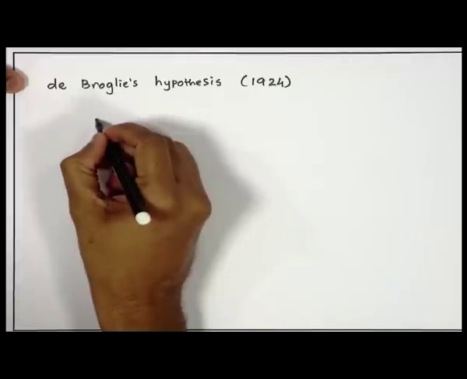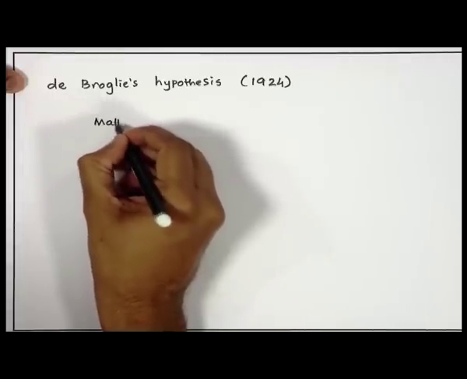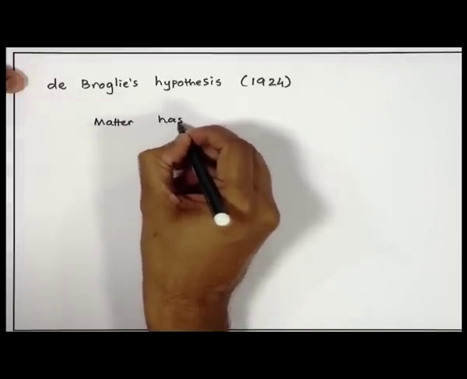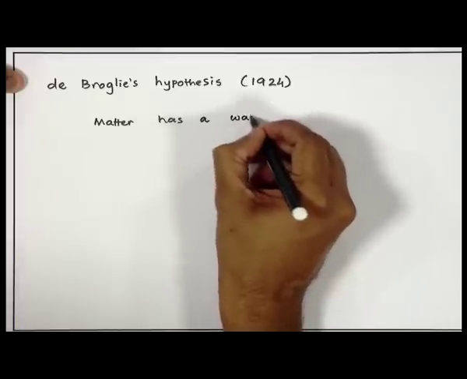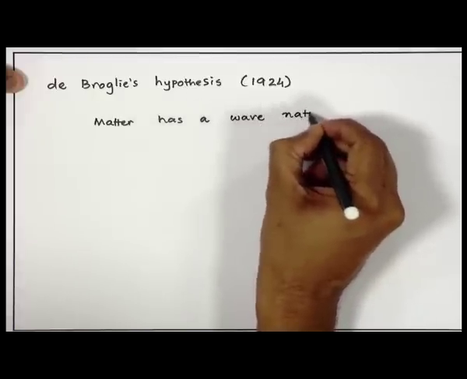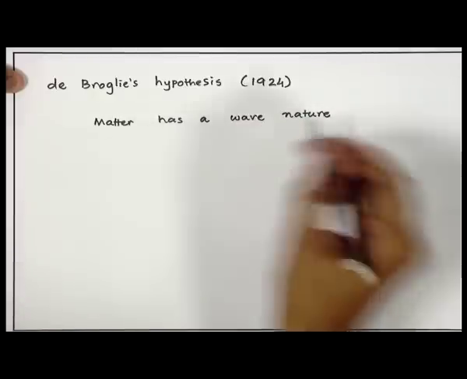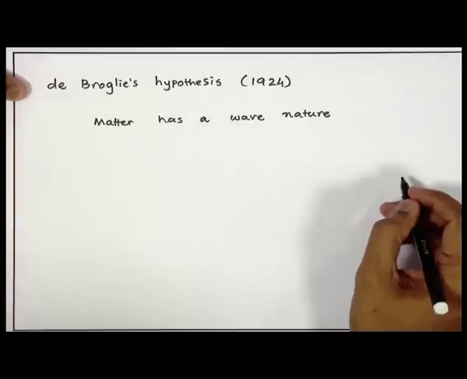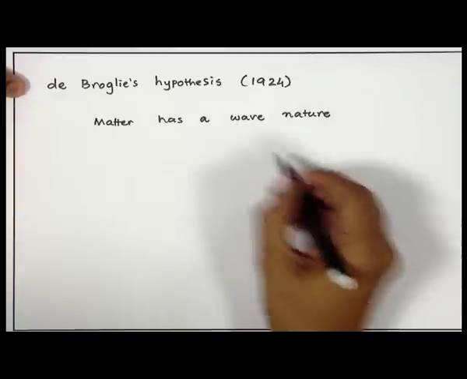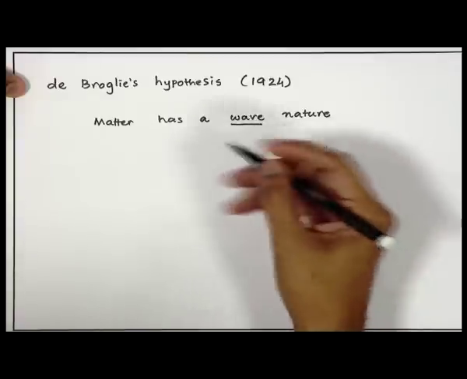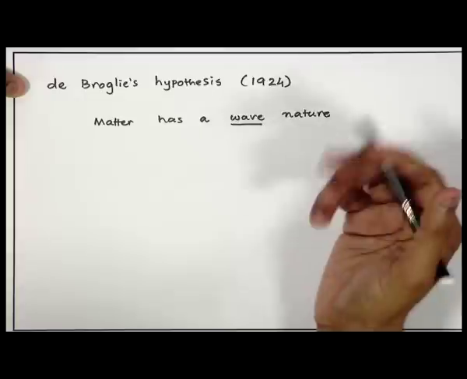But de Broglie suggested that matter has a wave nature, or in other words, a particle has a wave nature. All right. If it has a wave nature, then a wave is usually characterized by its wavelength or frequency.